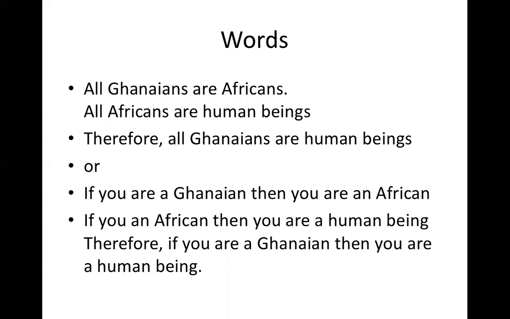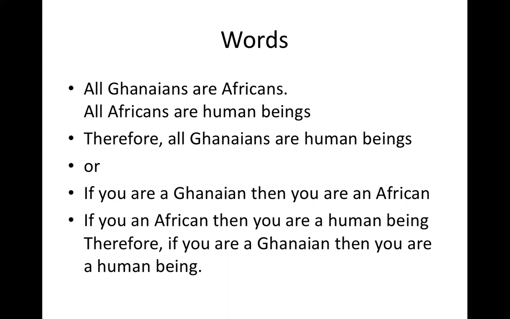So we call it a hypothetical argument. Let's put it in words. All Ghanaians are Africans. All Africans are human beings. Therefore, all Ghanaians are human beings. So all A are B, all B are C. Therefore, all A are C. Okay, so you can even elongate it. All Ghanaians are Africans.